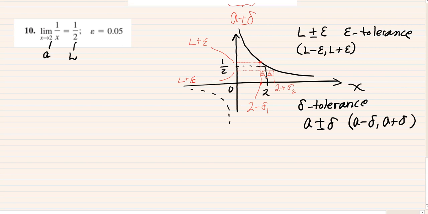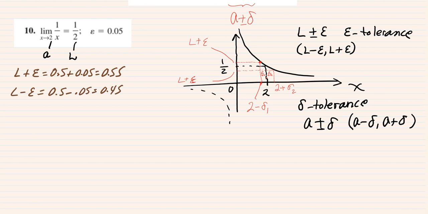L plus epsilon is going to be 1/2, which is 0.5 plus 0.05, that makes it 0.55, and L minus epsilon is 0.5 minus 0.05, or 0.45. That's going to be my epsilon tolerance. It's going to go from 0.45 on the lower to 0.55 on the upper limit.